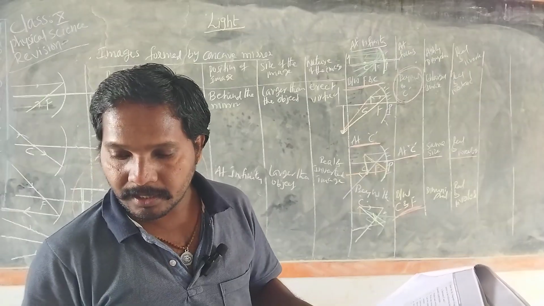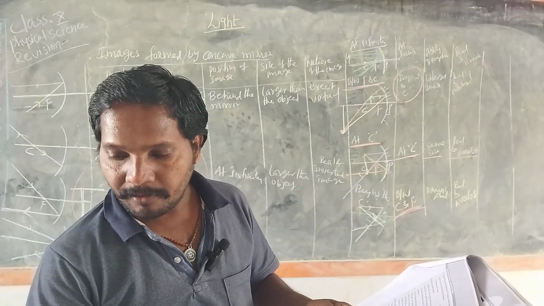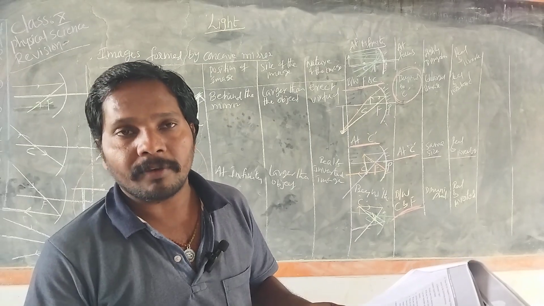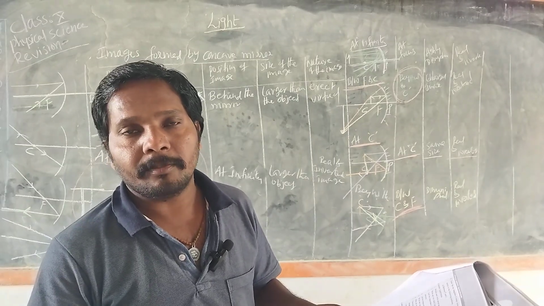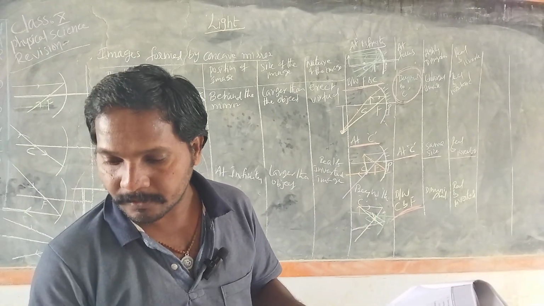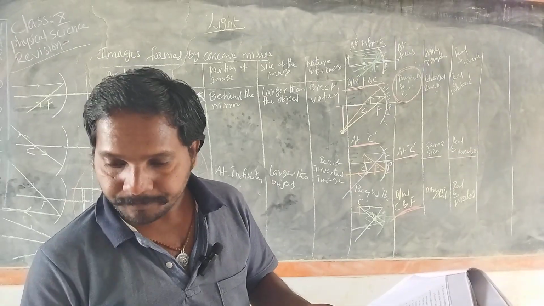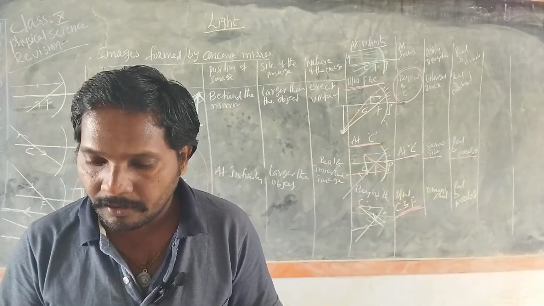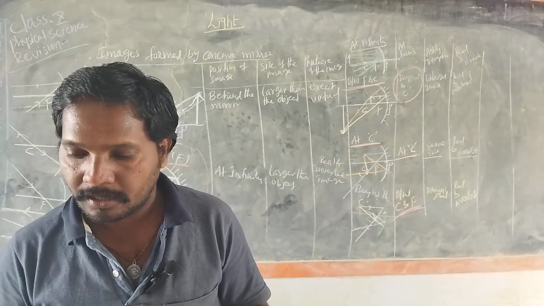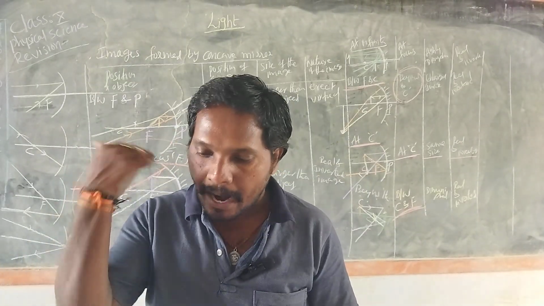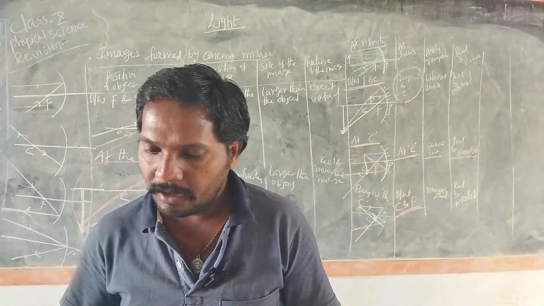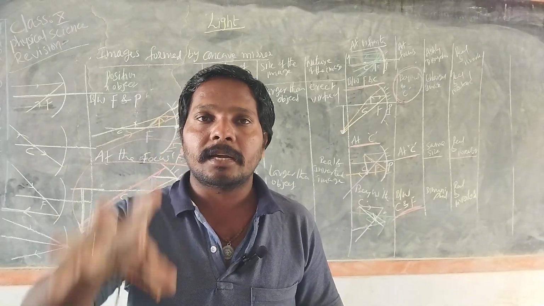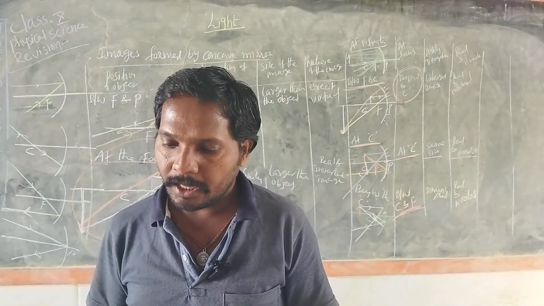Then convex mirrors are used as rear view mirrors for the vehicles to see the backside images. Convex mirrors are used as rear view mirrors in the vehicles to see the traffic at the rear side, because a convex mirror always produces an erect and virtual image.